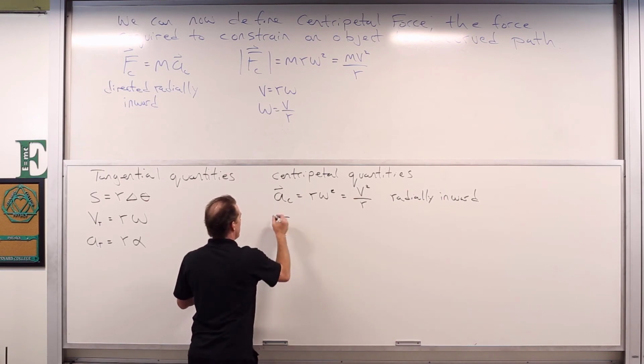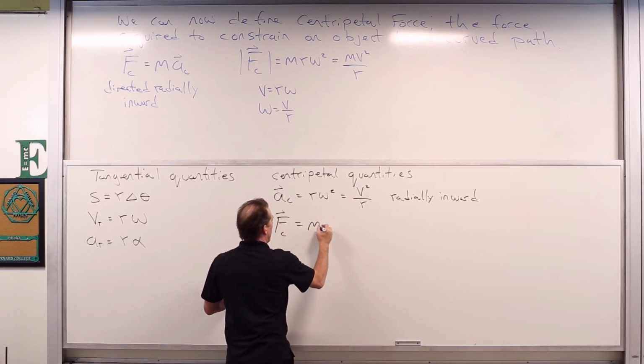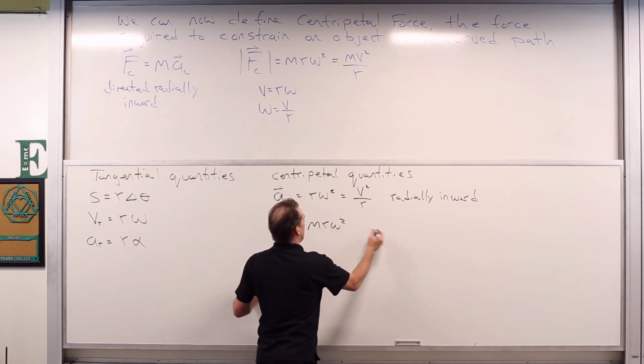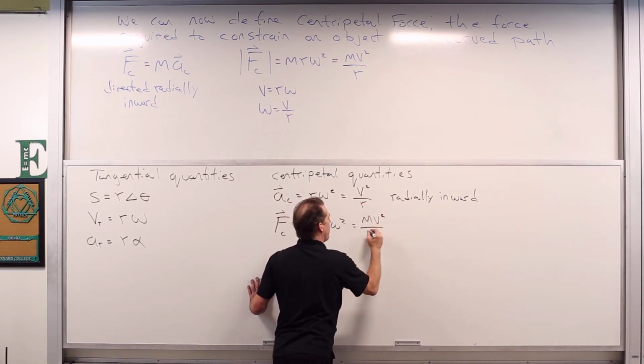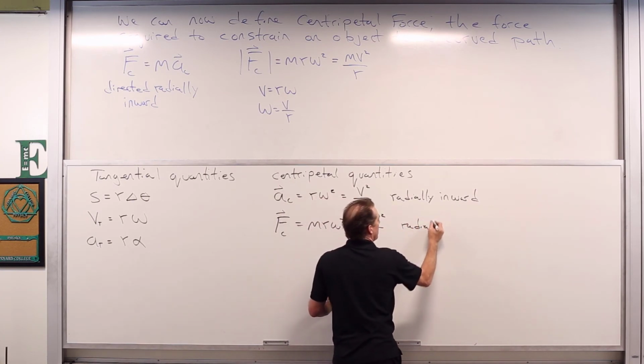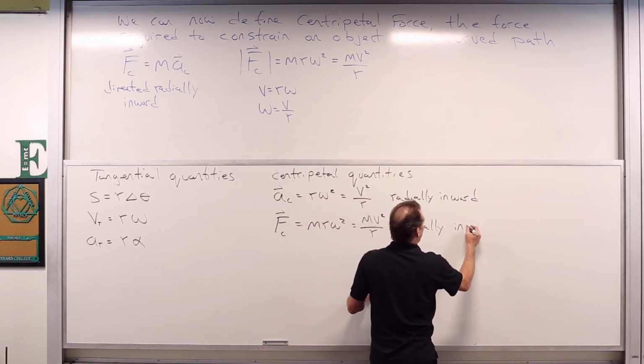And we've got F sub c is equal to m r omega squared, which is equivalent to m v squared over r, radially inward.